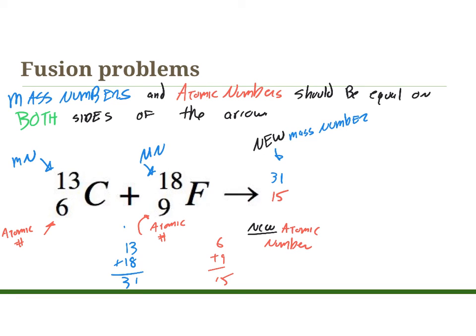And if I look on the periodic table for an element with an atomic number of 15, I can see that that happens to be the element phosphorus. So that tells me that if I take carbon 13 and fluorine 18 and fuse them together, I get phosphorus 31.